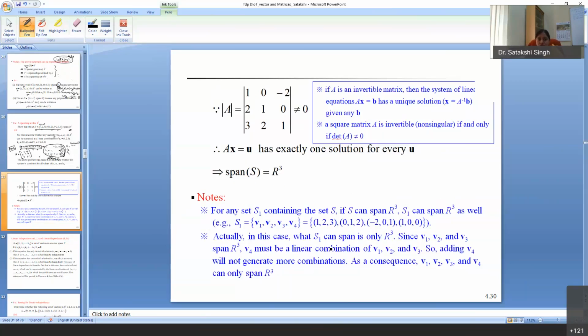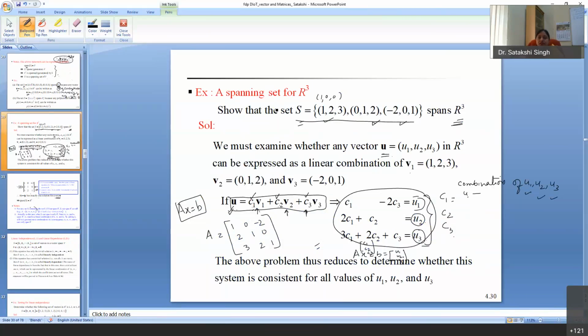Here we get the determinant of matrix A not equal to 0, so it shows that a unique solution exists. So Ax equals u has exactly one solution for every u, because the determinant of A is not equal to 0. You need not find that solution here, because you are not asked to find it. You have to just check whether the given set spans R3 or not.